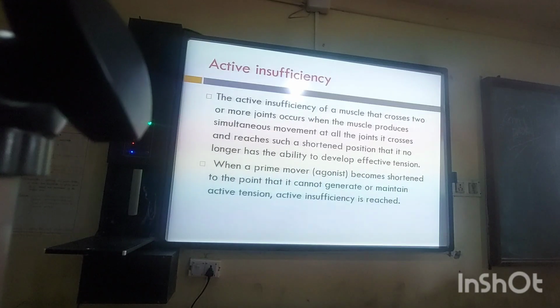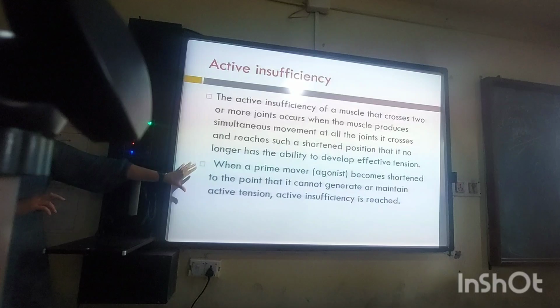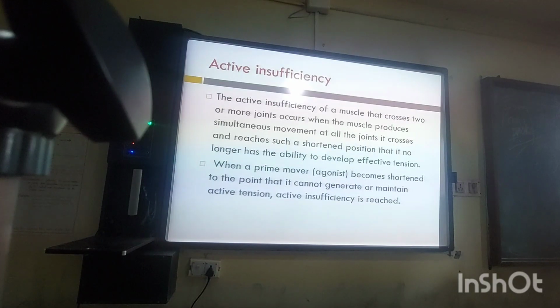When a prime mover, the agonist, becomes shortened to the point that it cannot generate and maintain active tension, active insufficiency is reached. This is the simple version, and this is the definition which you will get in your books.